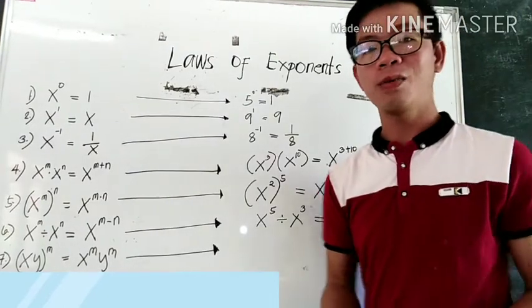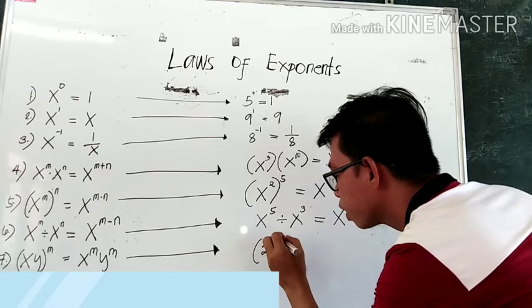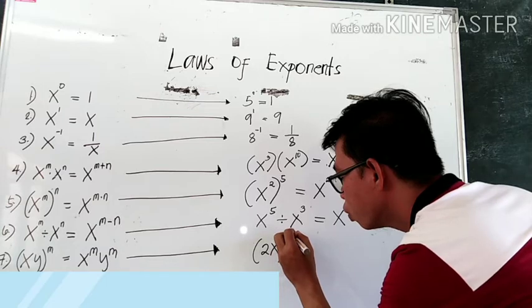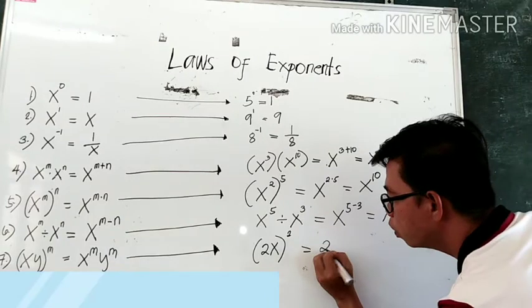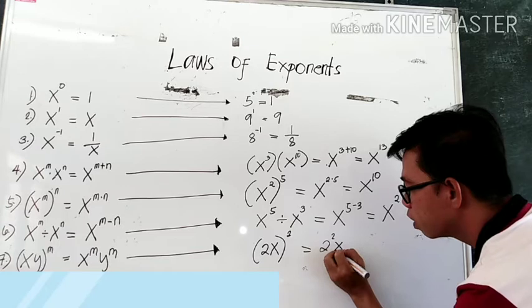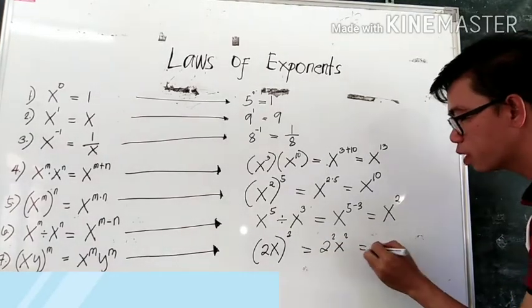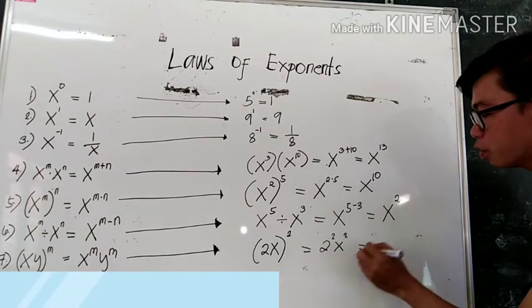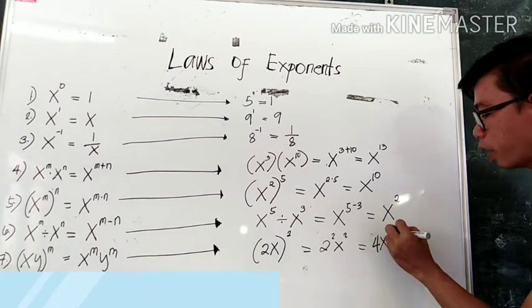Example, we have 2x raised to the power of 2 is equal to 2 raised to the power of 2, then x raised to the power of 2, which is 2 times 2 is equal to 4, then x squared.